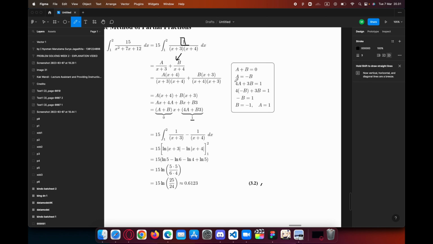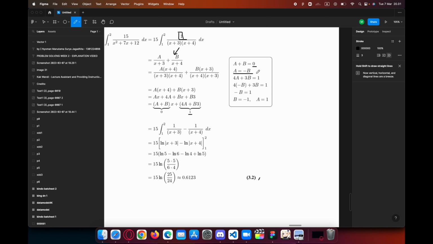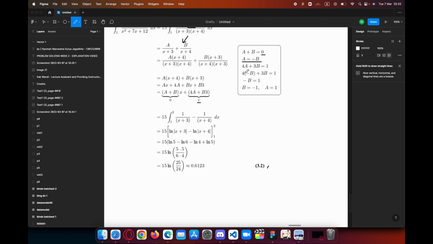And then we can find the value of a and b. So a plus b is 0. So we can say that a is equal to minus b. So if a value is positive, the b value will be negative. And then 4a plus 3b is equal to 1.